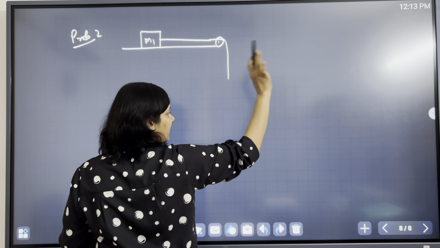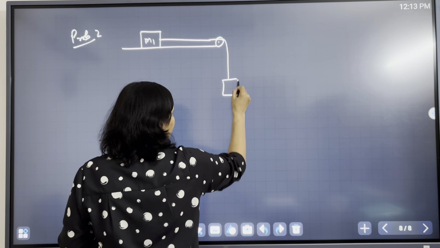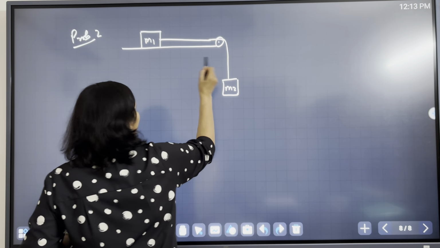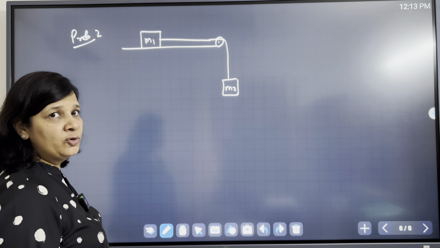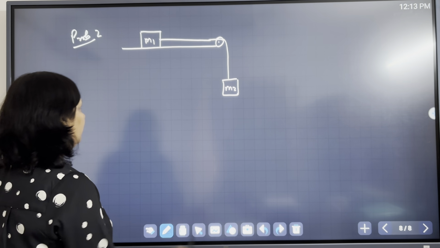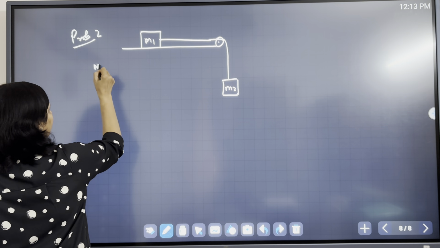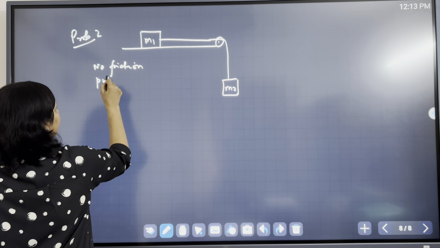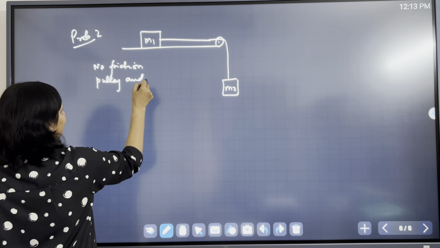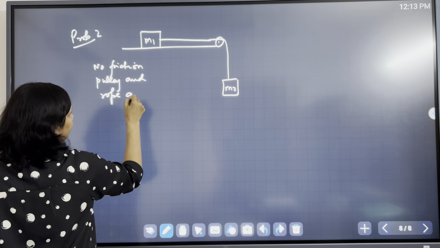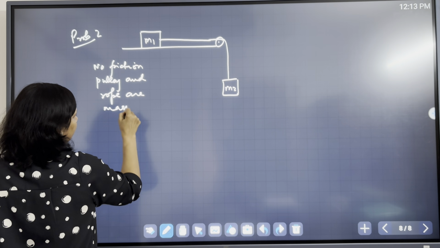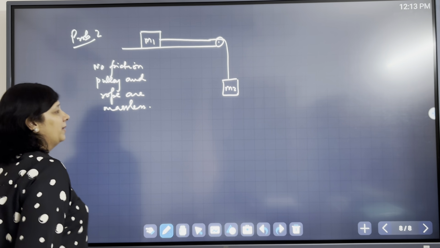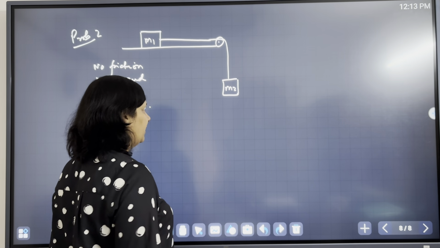The pulley is massless, no friction, and another mass of M2 is connected over the pulley. There is no friction, and the pulley and rope are massless. I am assuming everything to be massless to simplify the case.